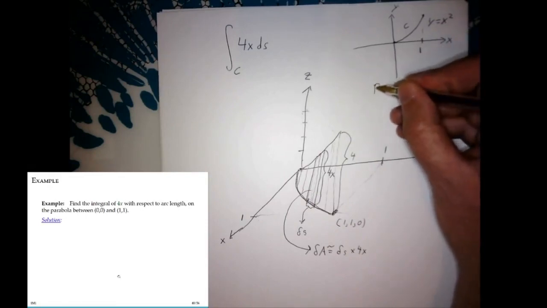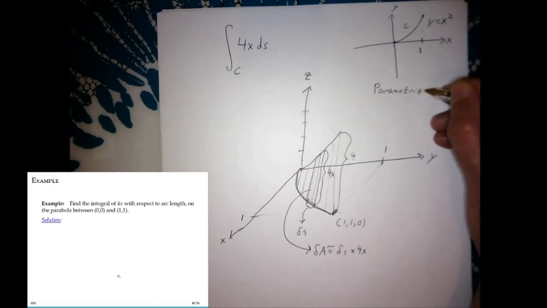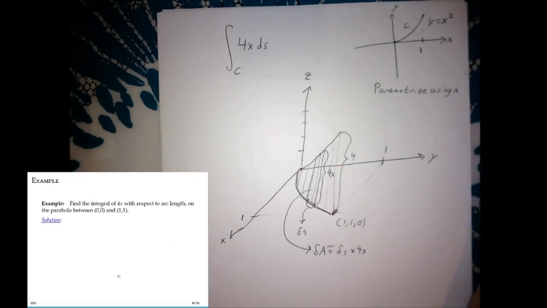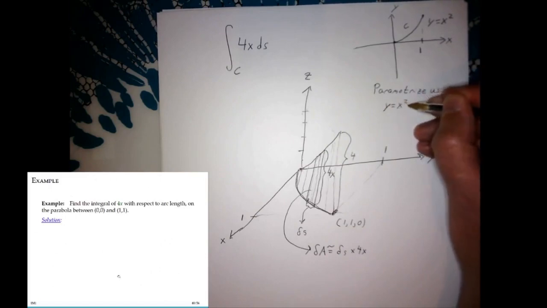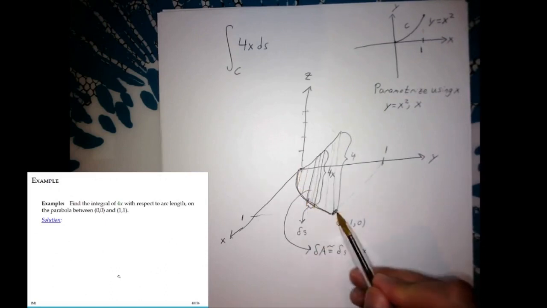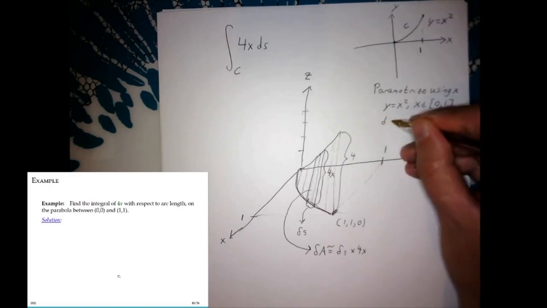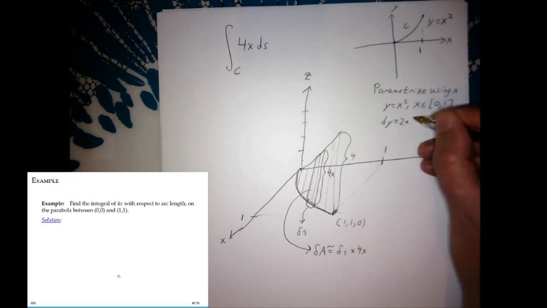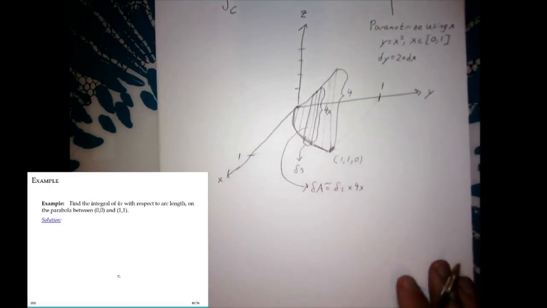So we have y equals x squared, and x goes from 0 to 1, or 0 to 1 if you like in the three-dimensional diagram. And dy is 2x dx. Right, so we put all that information into the line integral.